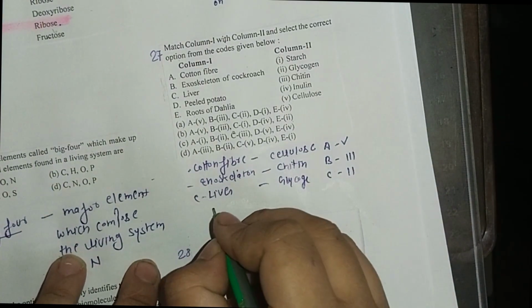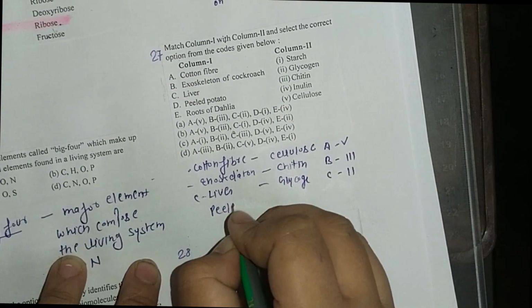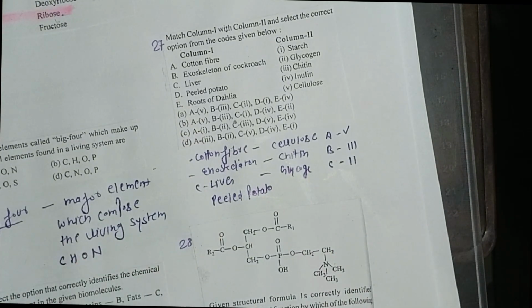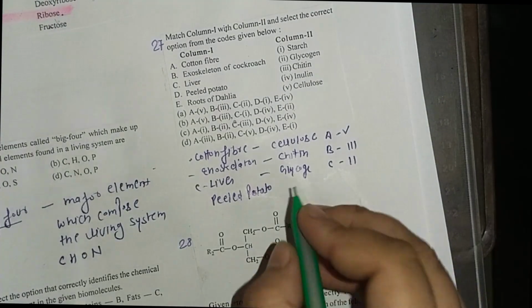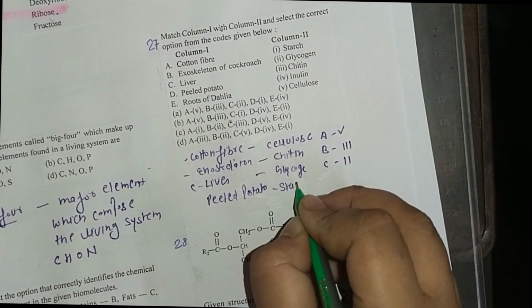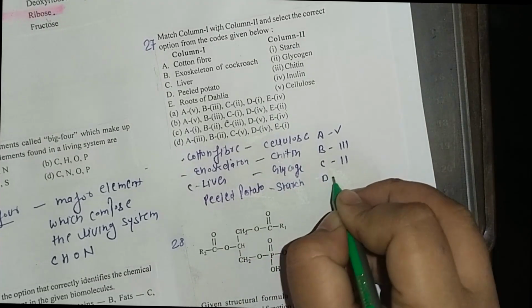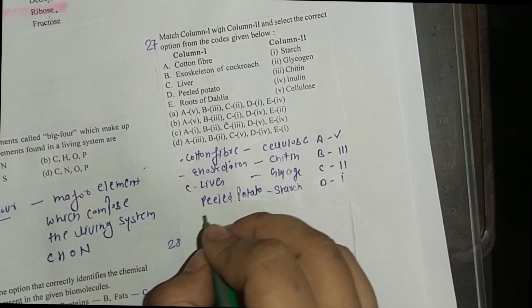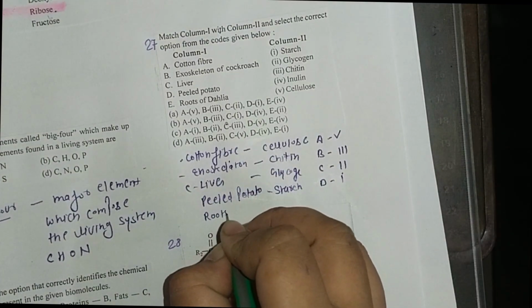Next is peeled potato. When we completed plastids, we studied that the potato tuber is responsible for the storage of starch. So D is going to match with first. Last, roots of dahlia.